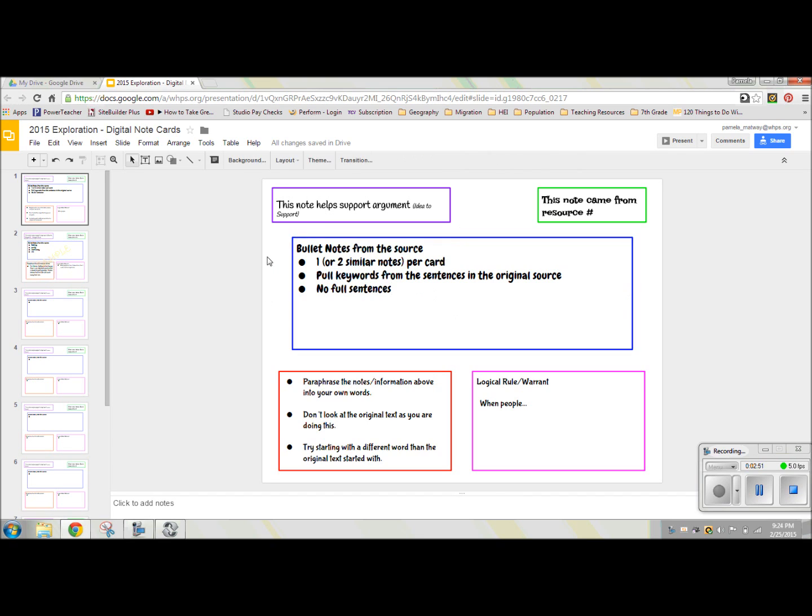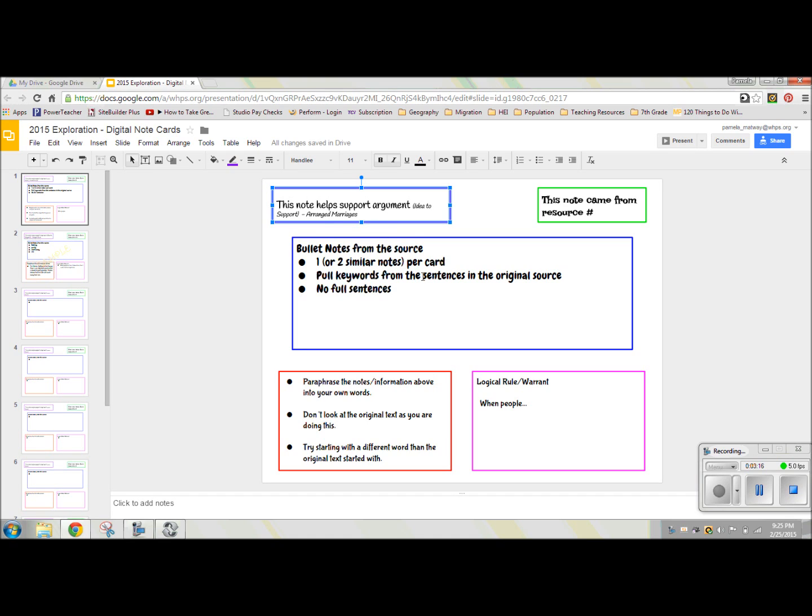Once you've done that, you're going to say to yourself, okay, I highlighted this in what color? That color connects to which argument? You always want to have a piece of evidence connect back to an argument. So let's say this piece of evidence best supports my argument on arranged marriages. I'm just going to type in here arranged marriages.